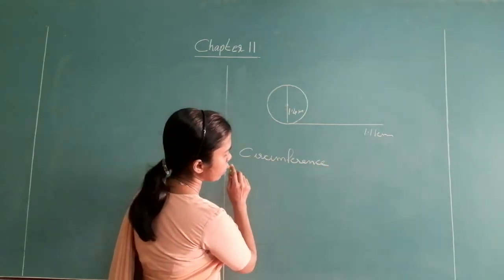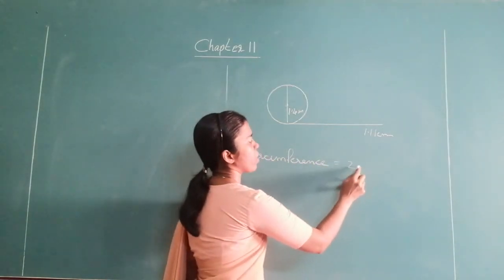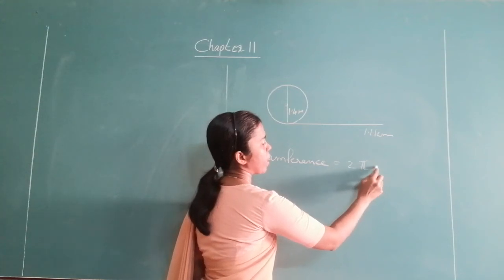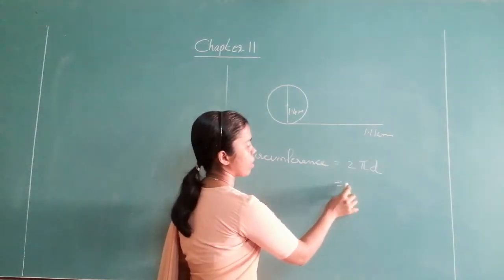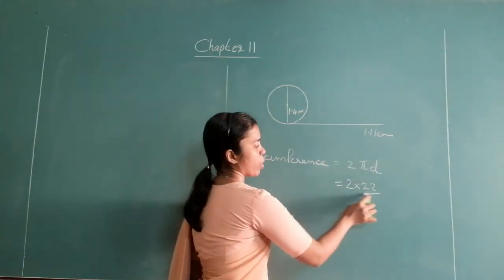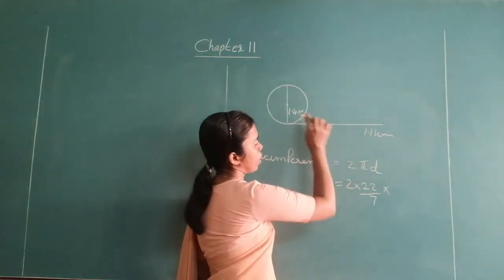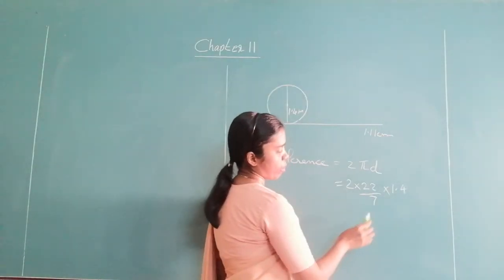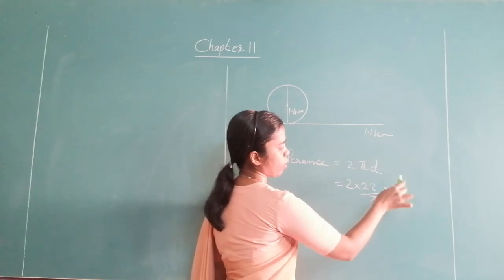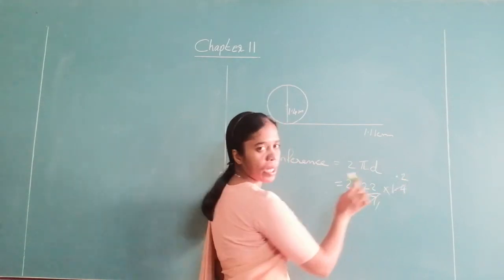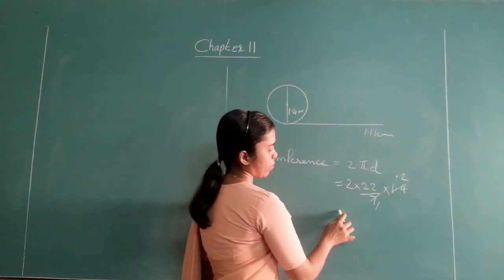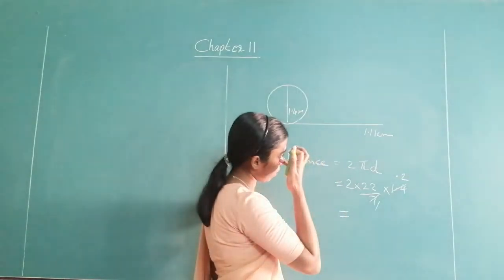Circumference equal to, we'll use the formula 2 pi d, because diameter is given. That is 2 into 22 upon 7 into diameter is 1.4. 7 ones, 1.4, it will be 0.2 times.